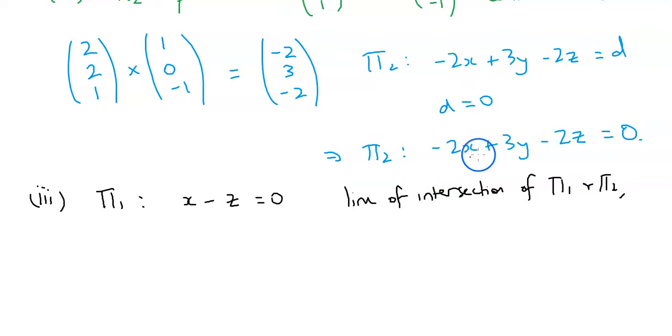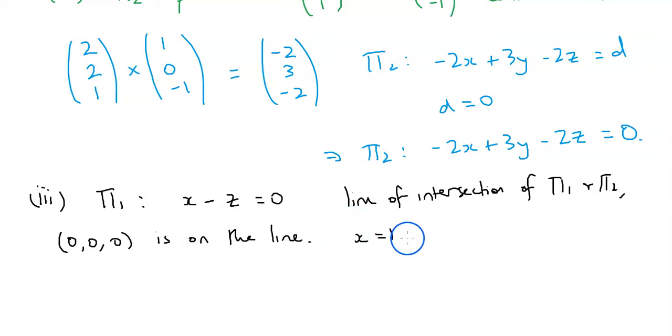One of the 2 points is clearly x equals 0, y equals 0, z equals 0, so 0, 0, 0 is on the line. Then let's suppose that x equals 1, then z also equals 1.